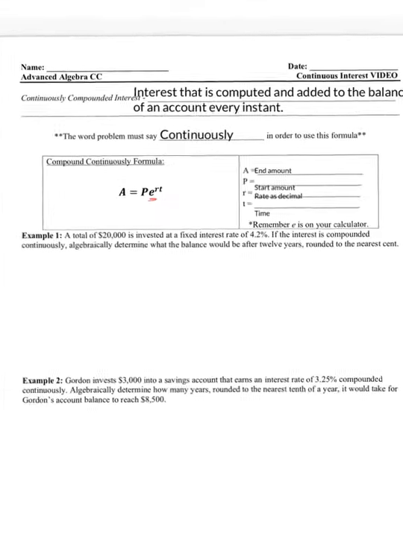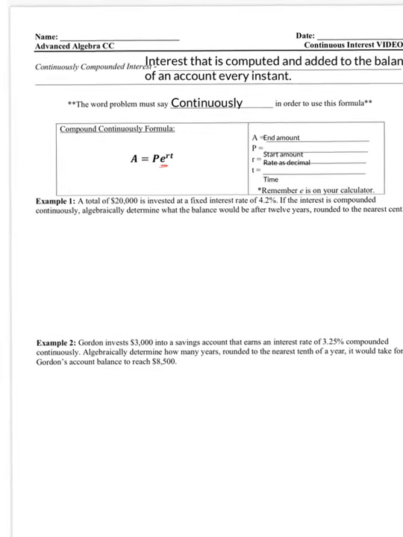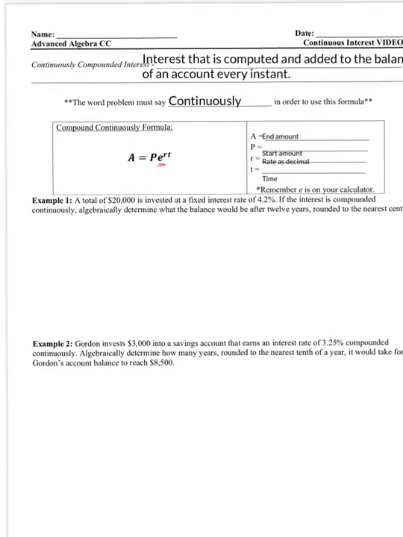So your first example says a total of $20,000 is invested at a fixed annual interest rate of 4.2%. If the interest is compounded continuously, so right away you can stop. You see that word, so you can write down the formula that you're going to use, APERT.